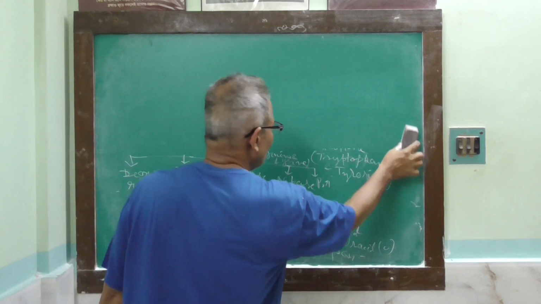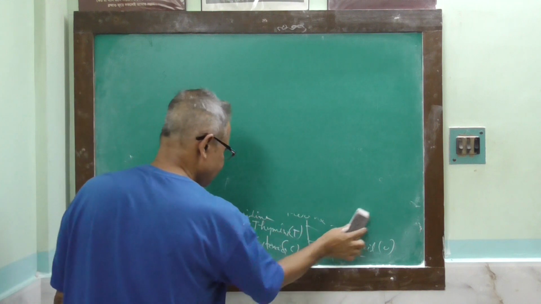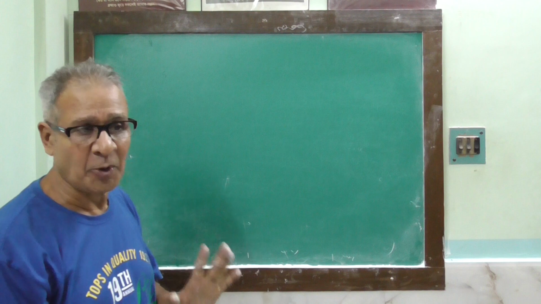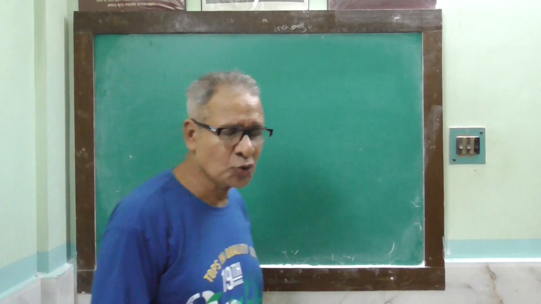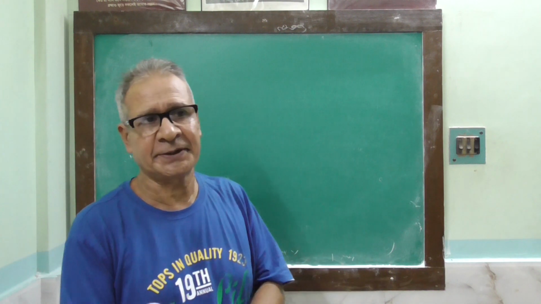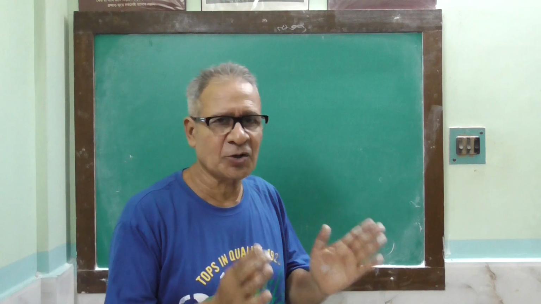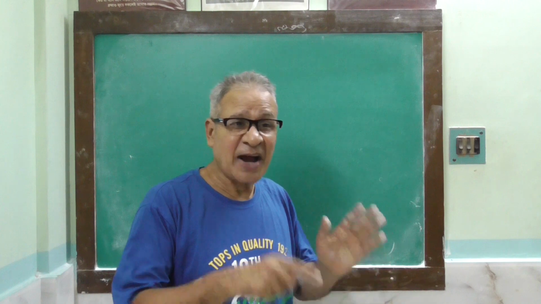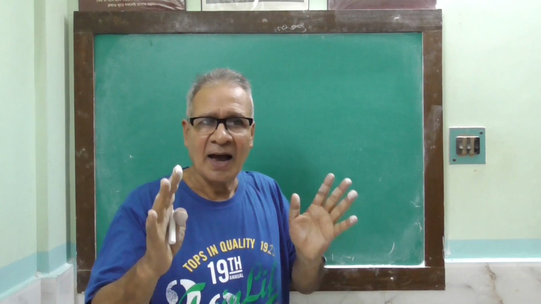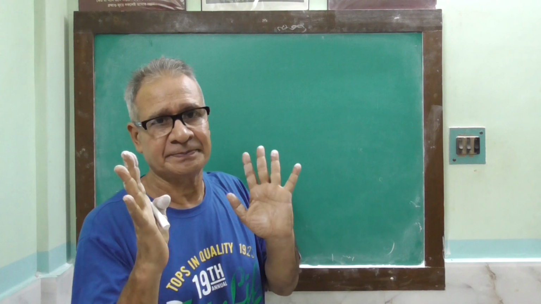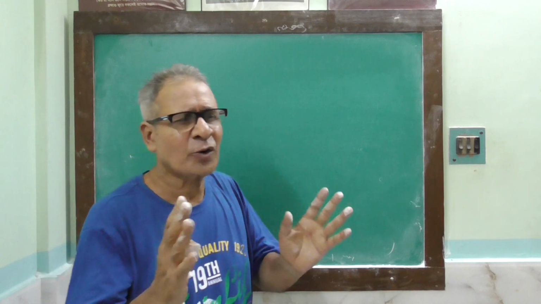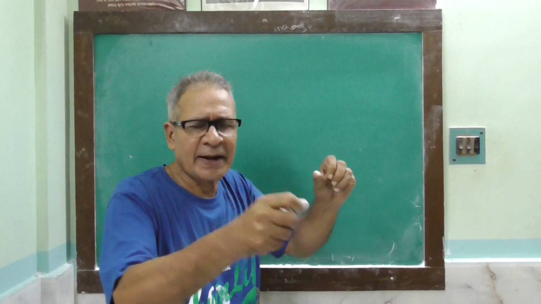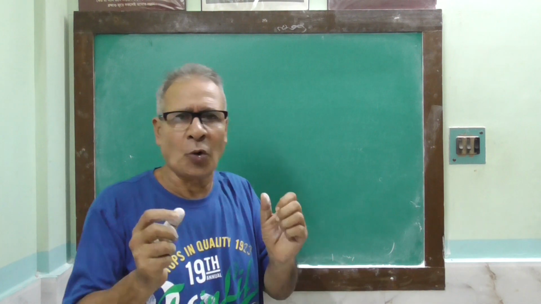Now we briefly discuss the structure of a DNA molecule. According to Watson and Crick, DNA is a double-stranded helically coiled structure, just like a spiral iron staircase. In an iron staircase, there are two poles, and in DNA also there are two poles.